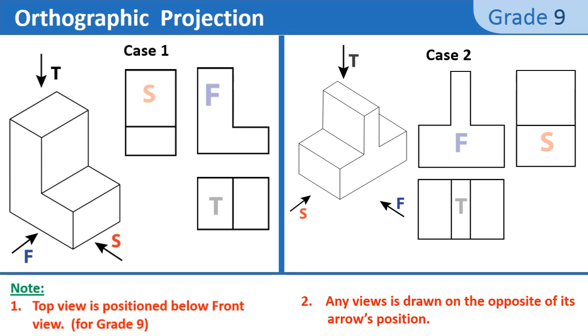Now, there is one other thing that you may have learned in grade 8. It's the major line. It is a line inclined at 45 degrees. For case 1, the major line will be placed here, and for case 2, the major line will be drawn here.